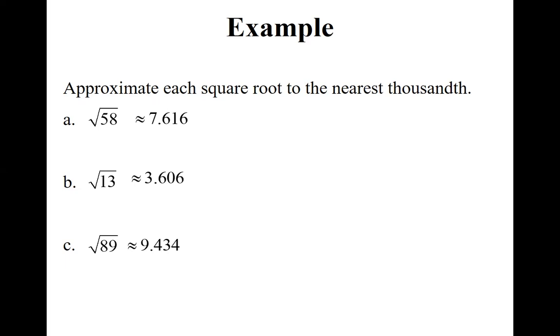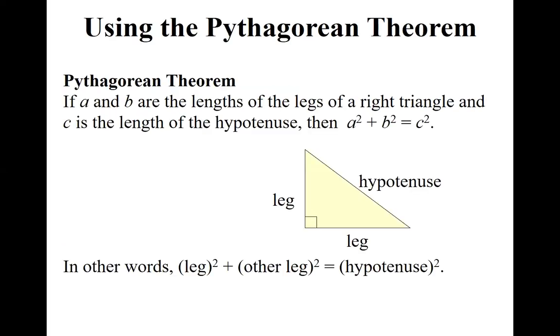So why do we need to know how to do that? Well, we're going to look at some examples of using the Pythagorean theorem. The Pythagorean theorem says if A and B are the lengths of the legs of a right triangle, and C is the length of the hypotenuse, then A squared plus B squared equals C squared.